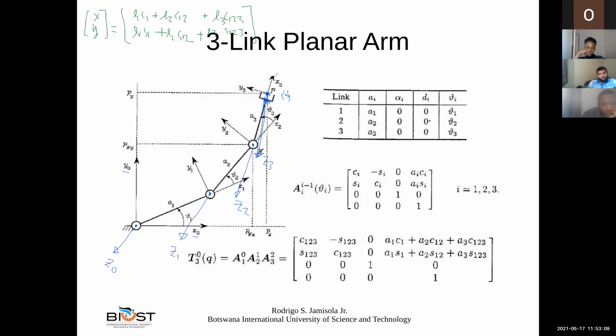X3 is normal to z3. Is it also normal to z2? Yes, because again, this is on the plane of the paper, and this is going out of the paper. Is it intersecting z3? Yes, they have a common origin. Is it also intersecting z2? Yes, because this axis along this line is intersecting. So both requirements are satisfied.